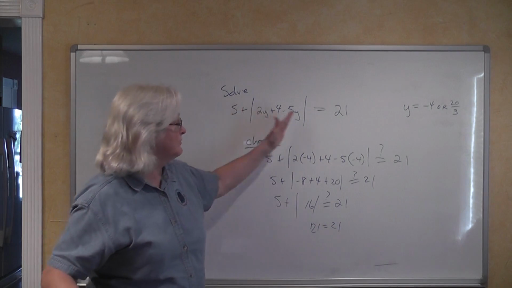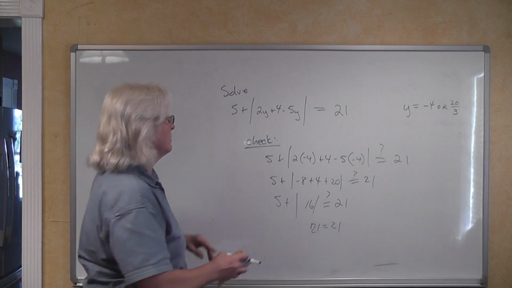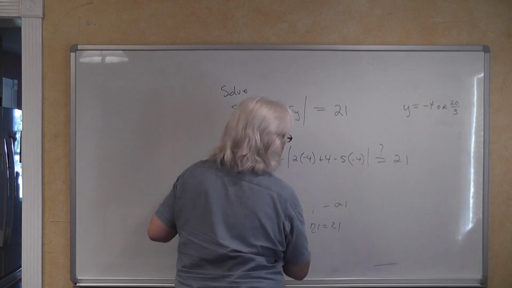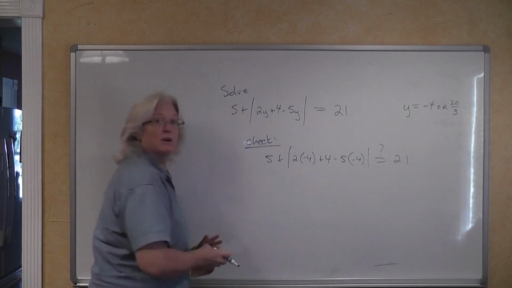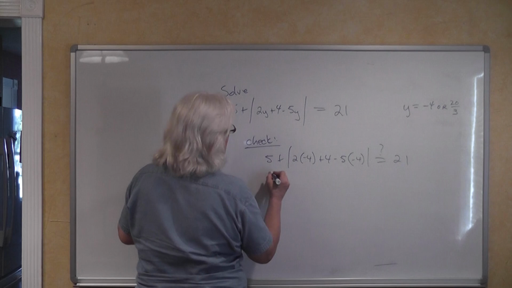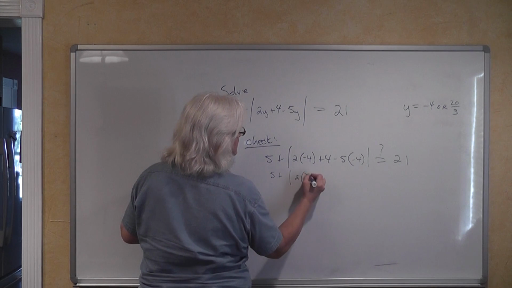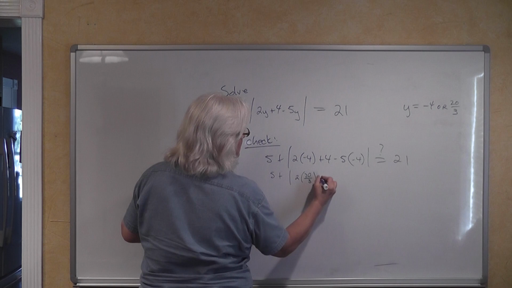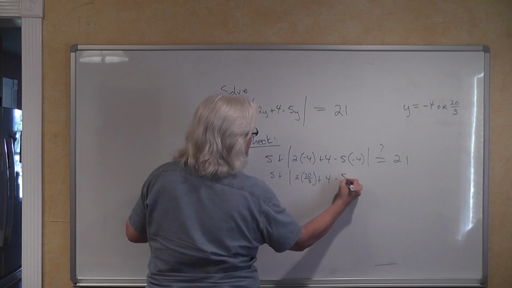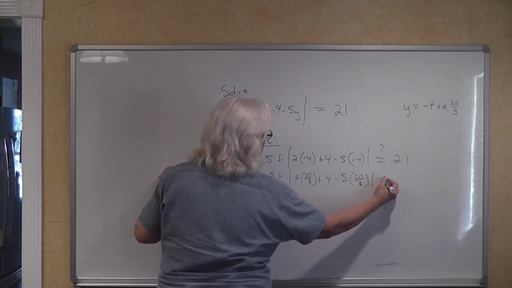And it's usually going to be pretty straightforward. One of them is going to be an obvious answer. The other one may be just a little bit stranger looking, but when you work through the check, you'll see it works. 5 plus the absolute value of 2 times 20/3 plus 4 minus 5 times 20/3.